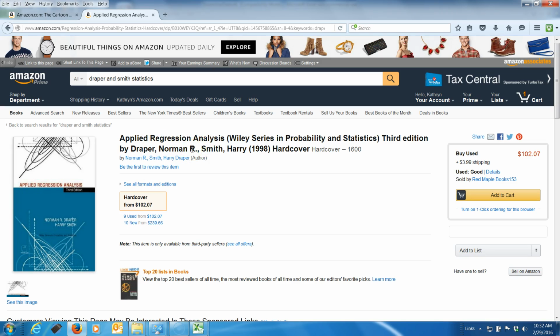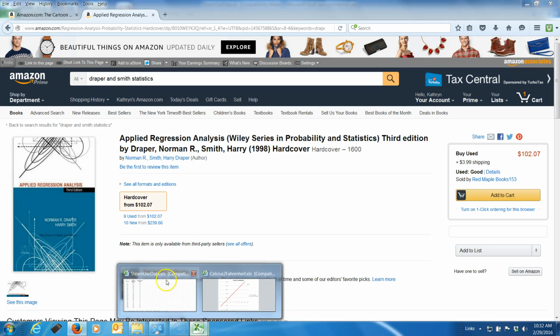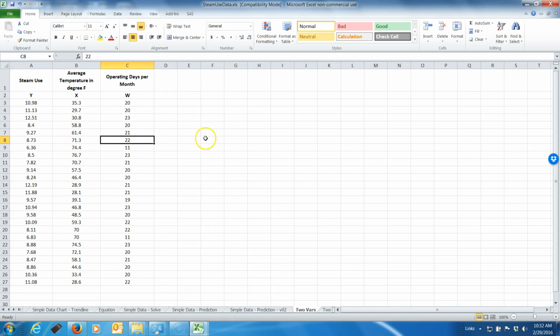Incidentally, Draper and Smith is the source of the data set that I have. Norman Draper and Harry Smith, this is a classic book on linear regression, and it shows you how to do linear regression when you have more than one variable. It involves matrix math, and they were the ones who had this steam data set.